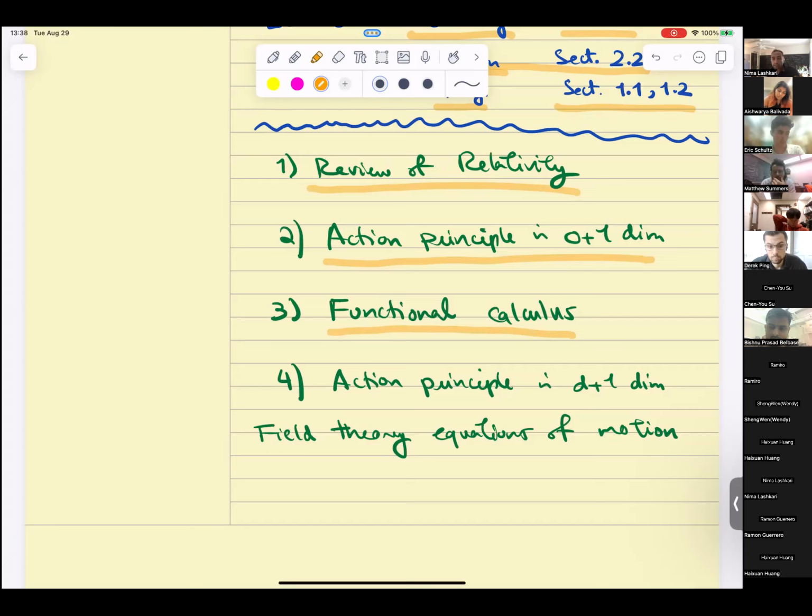You will see that the action is going to become a functional, and then you will have to do functional differentiation. Then we're going to generalize the action principle to d plus 1 dimensions, and extract the classical field theory equations of motion, the Euler-Lagrange equations.